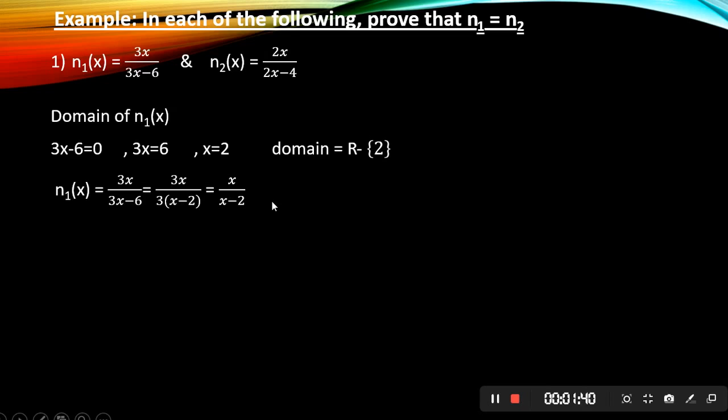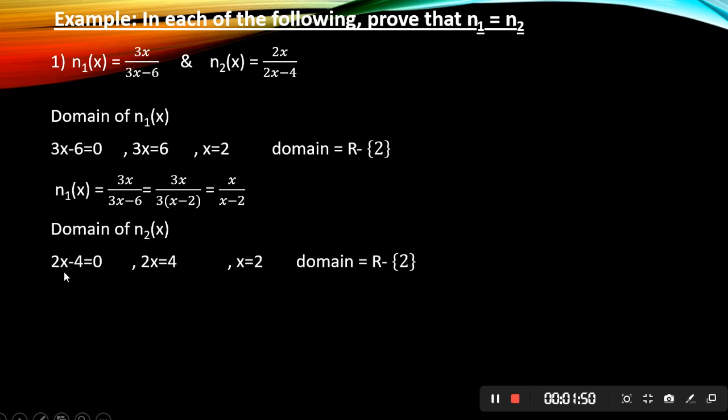Let's go to the other function. Domain of n2 of x: 2x minus 4 equals 0, 2x equals 4, so x equals 2, and the domain equals R minus the set of 2. n2 of x equals 2x over 2x minus 4 equals 2x over, I will take 2 out, 2 open bracket x minus 2, then I will cancel 2 with 2, equals x over x minus 2.